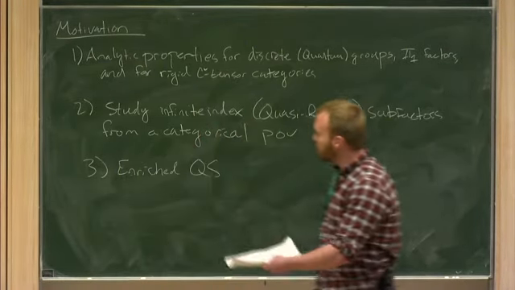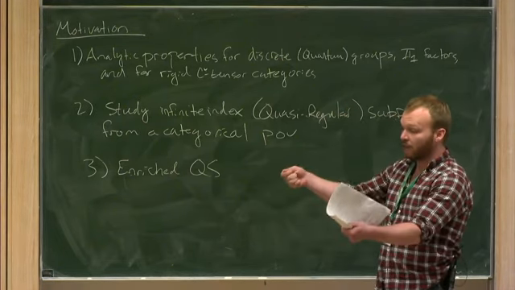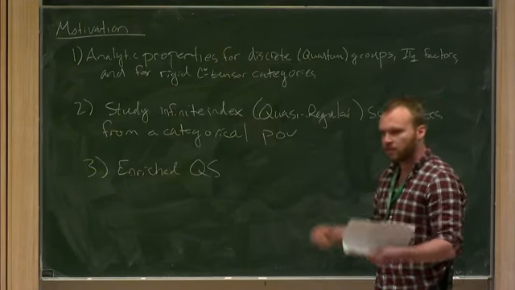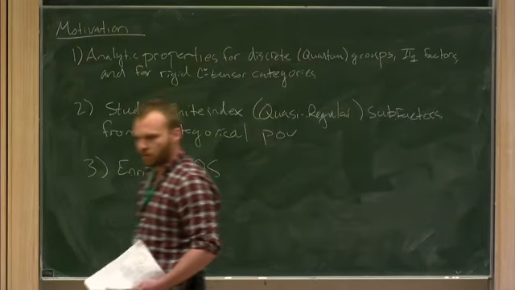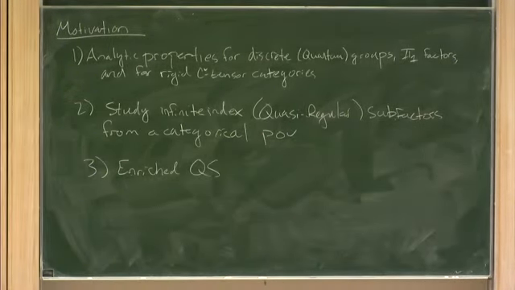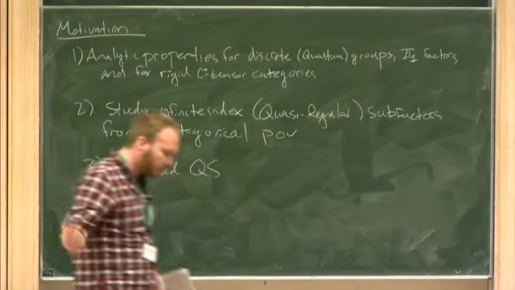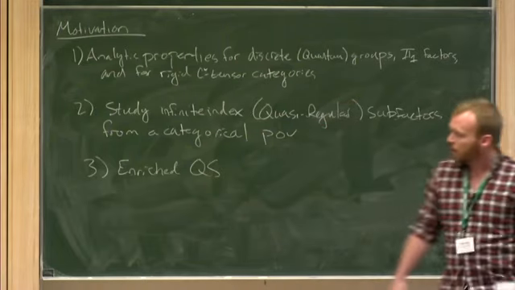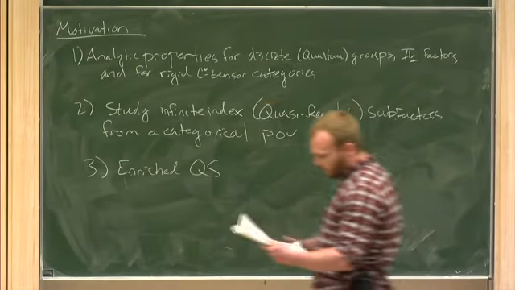Well, one proposal is to use subfactors, but the factors are now W-star algebra objects in some tensor category, rather than actual W-star algebras. Okay, so the idea is that the theory can generalize in that direction. So that's the third motivation there.